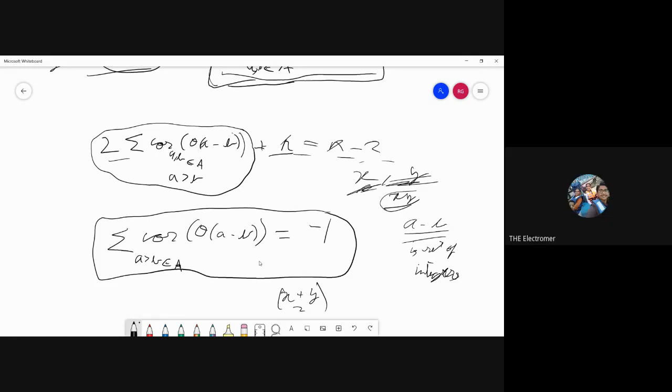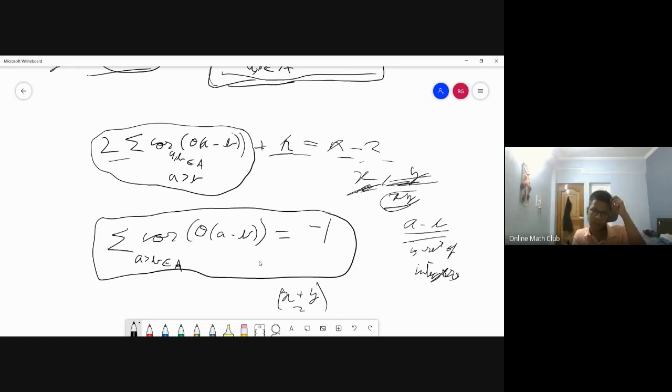Okay, so why are you separating even and odd? I just wanted to consider theta and theta plus pi and theta plus small angles, thinking about what angles will be nice for me.